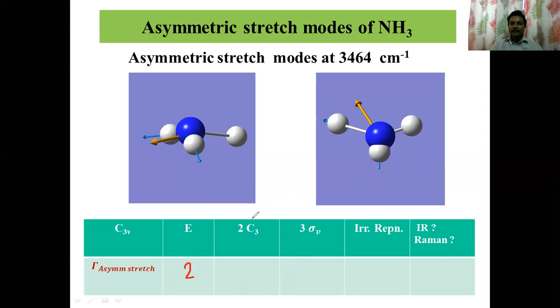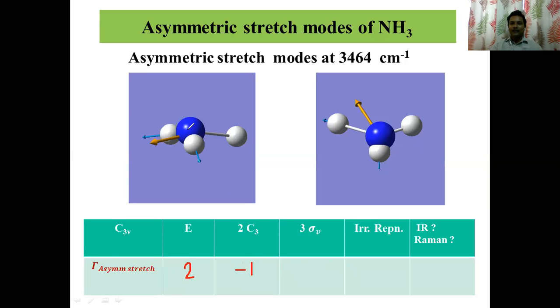Now again when you do this rotation, the contribution from this when we go for C3 is going to be minus half, and this is going to be minus half. So that should be something like minus 1, right?